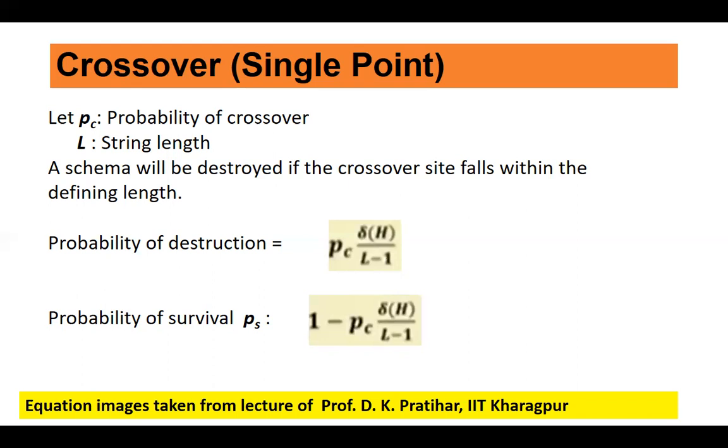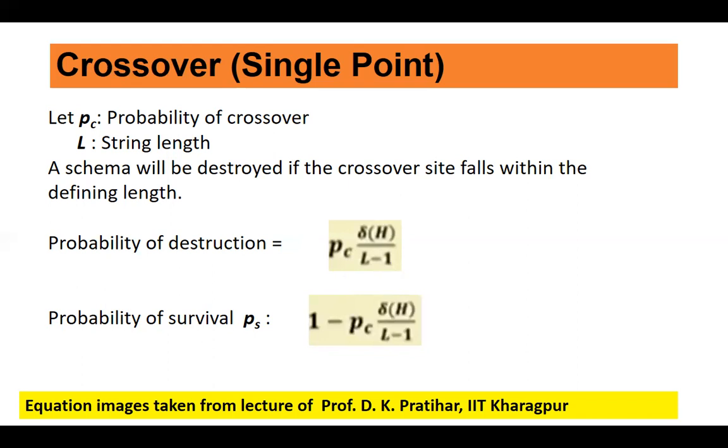Similarly, the probability of destruction is nothing but delta H divided by L minus 1 multiplied by probability of crossover, that is PC. Fine.